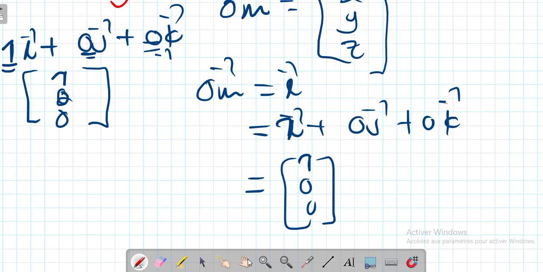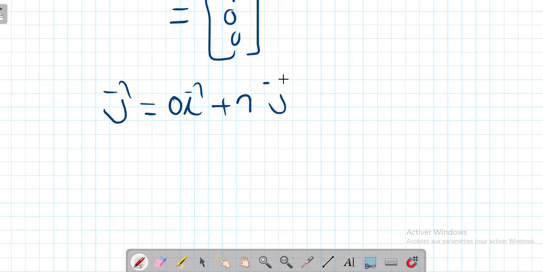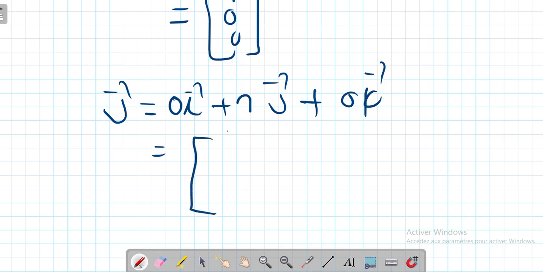Someone was asking me where I was getting this. The same applies to G. G is written as 0 E plus 1 G plus 0 K. As a matrix, you just get the magnitudes. So this is how you write G.